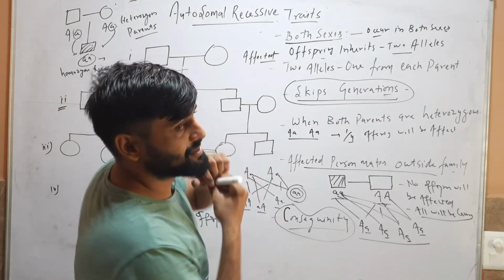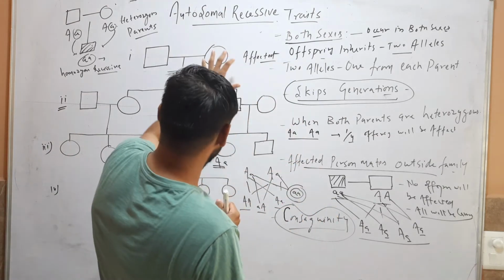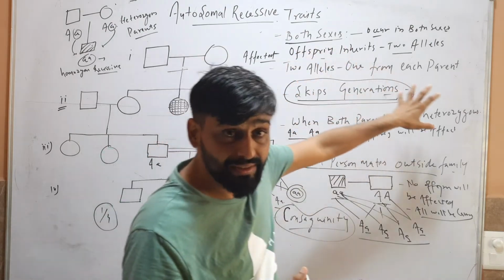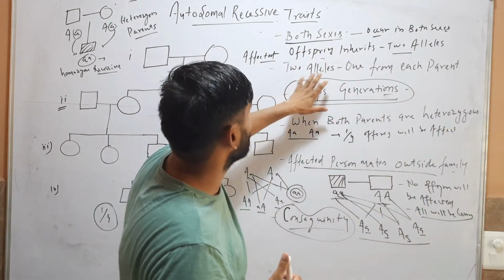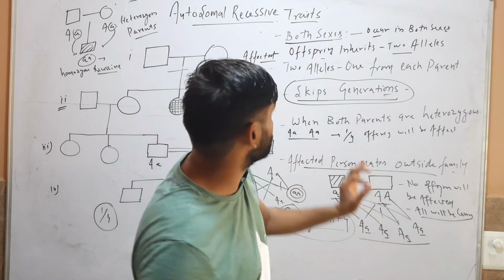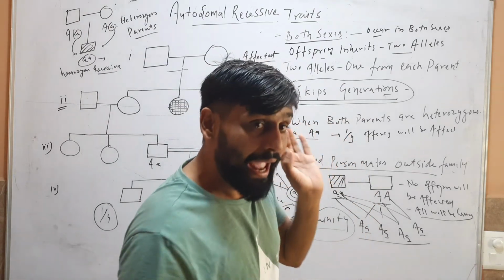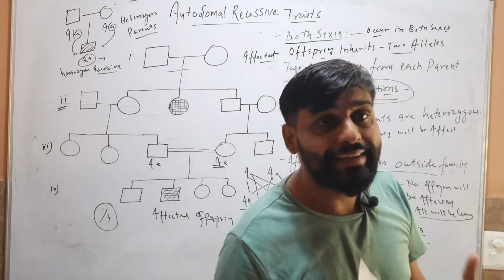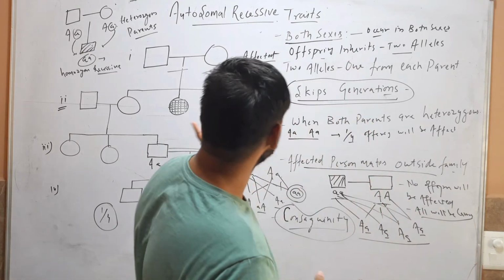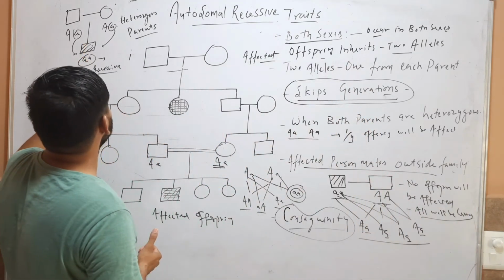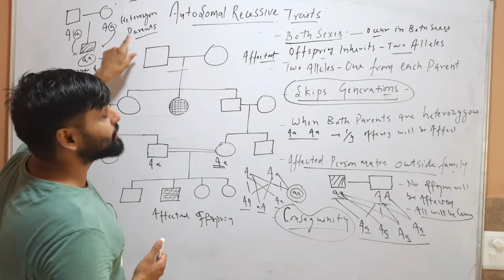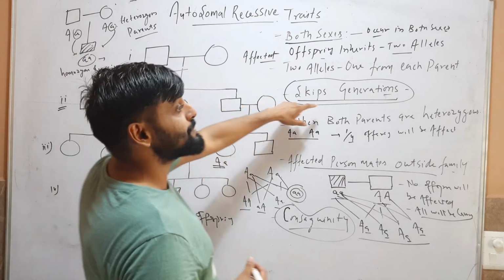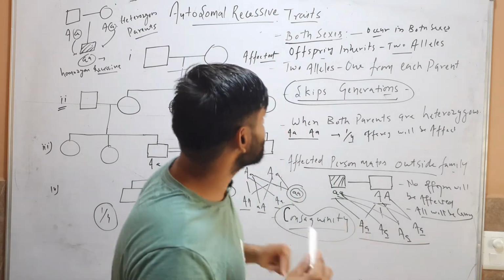So this is autosomal recessive trait. Here it appears in both sexes. Affected offspring will have 2 alleles of that trait, one from each parent, meaning affected offspring will have heterozygous parents. This trait will skip generations.